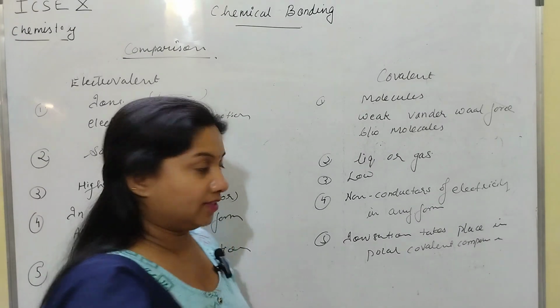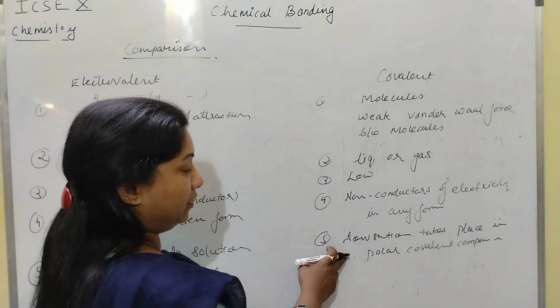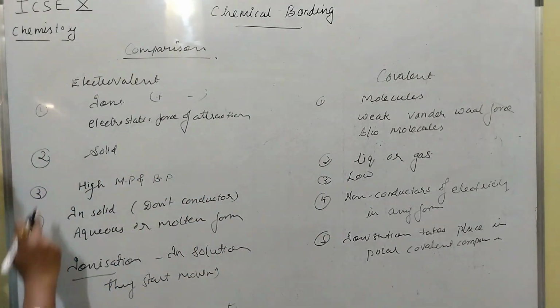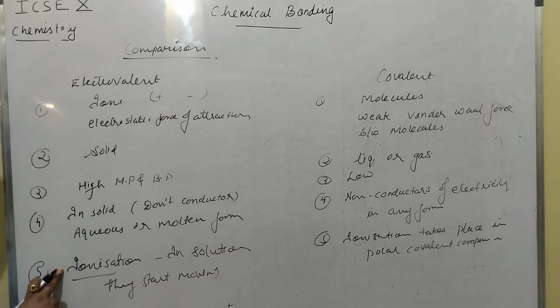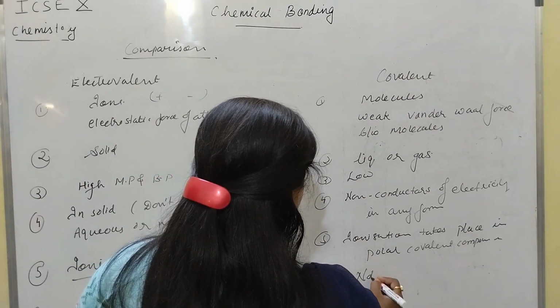They first ionize, they convert into ions. So that is why we say that ionization takes place in covalent compounds, whereas it doesn't take place in electrovalent compounds. In electrovalent compounds, what process takes place? Dissociation. Here dissociation does not take place.